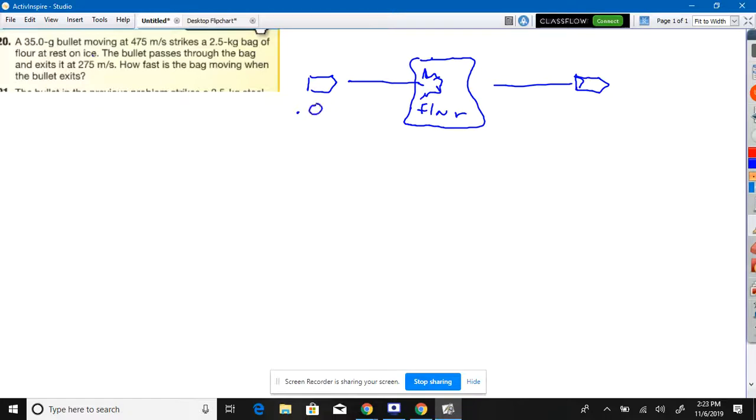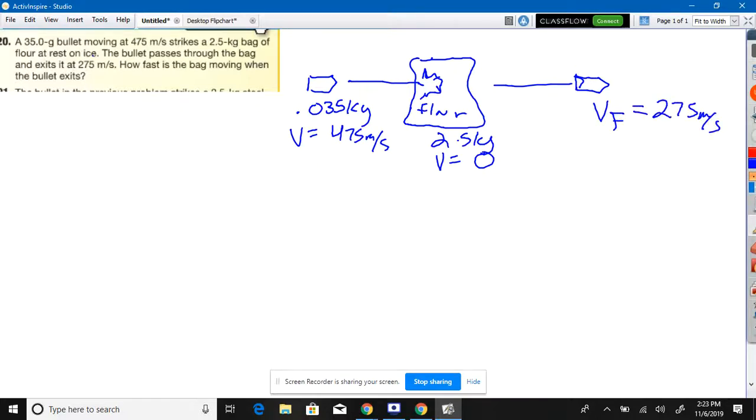So now 0.035 kilograms. You've got to be in kilograms, okay? This is 2.5 kilograms. The initial velocity is 0. The initial velocity of the bullet is 475 meters per second. The velocity after of this one is 275 meters per second. The bag is going to fly off, isn't it?